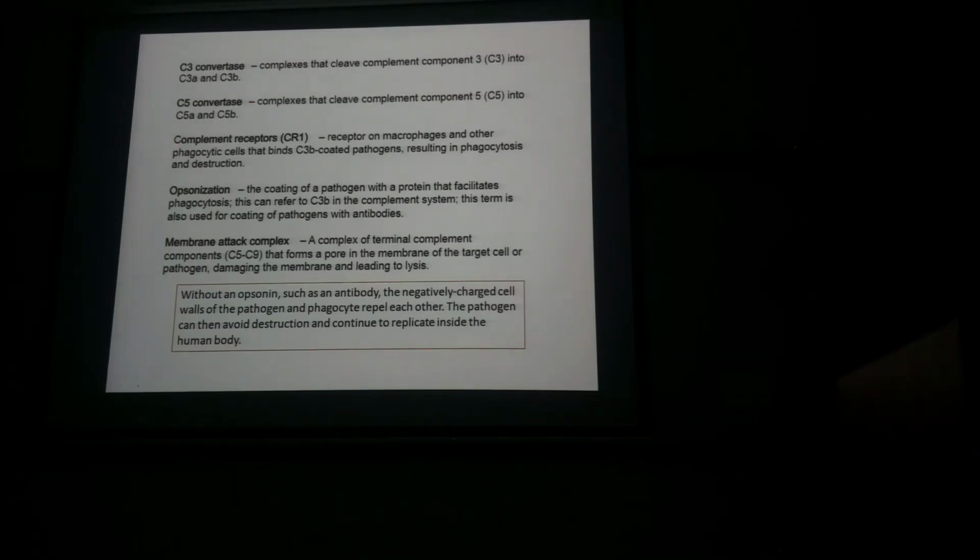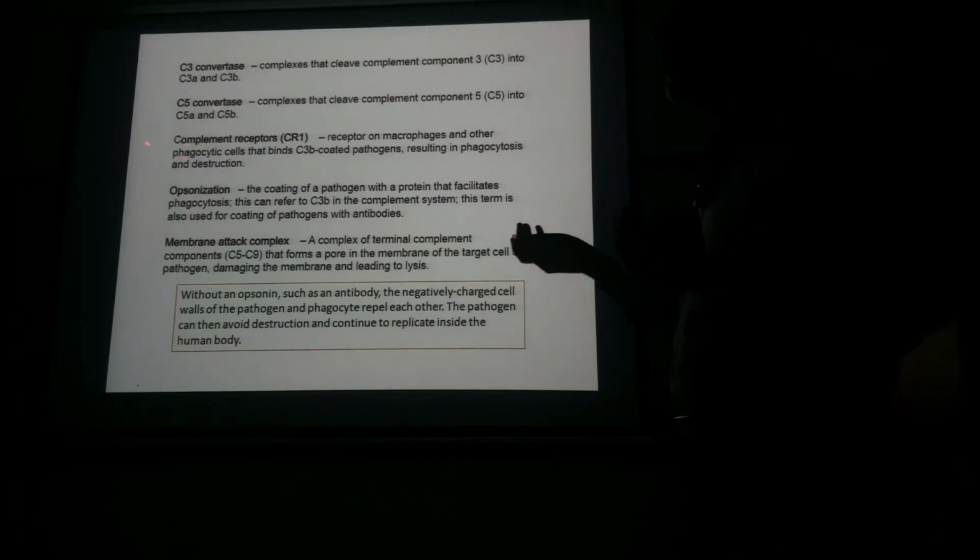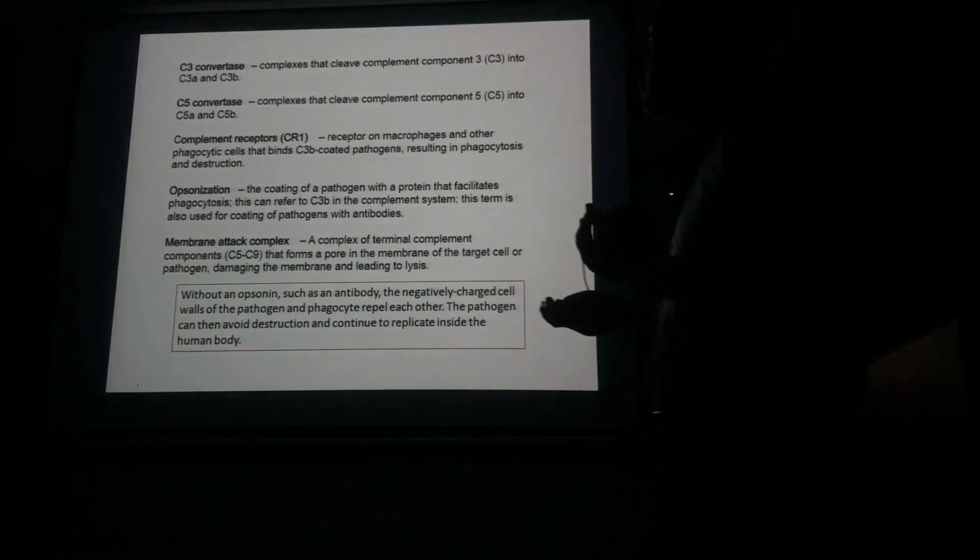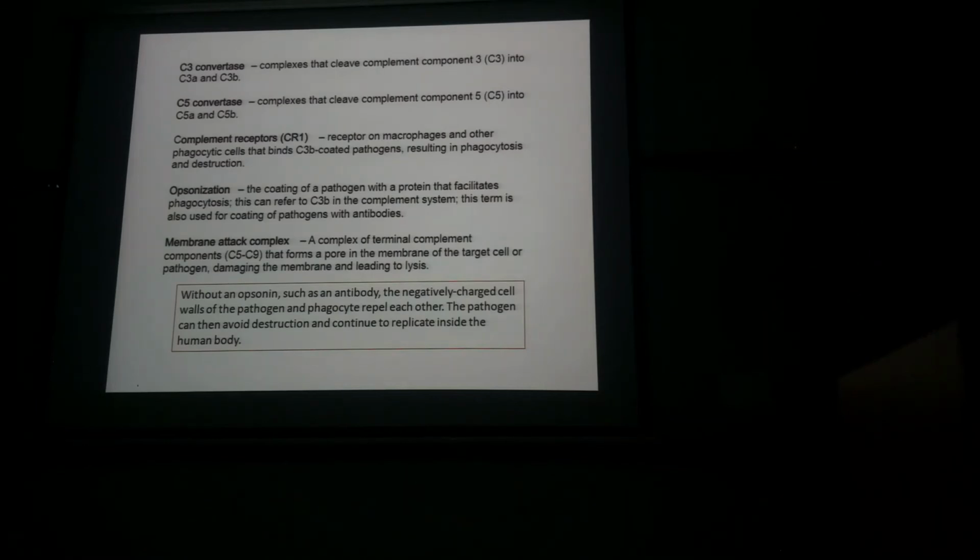C5 convertase, complexes that cleave complement component 5, is a convertase that cleaves C5 into a smaller and bigger fragment. Complement receptor, you know about it. Opsonization is the coating of the pathogen, you know about it.